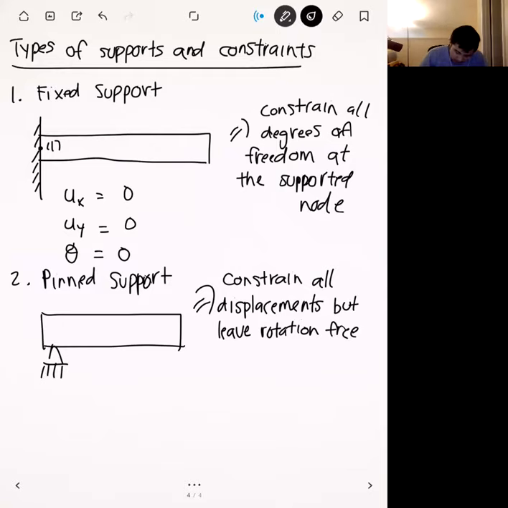So we'll have ux equal to 0 here, uy equal to 0, but theta here is going to be free.